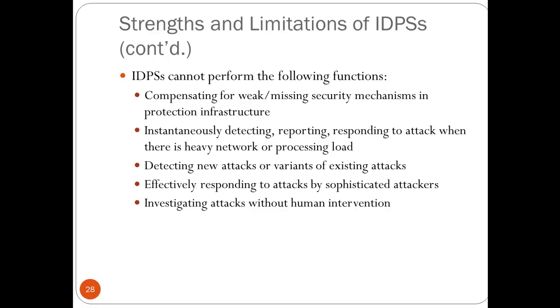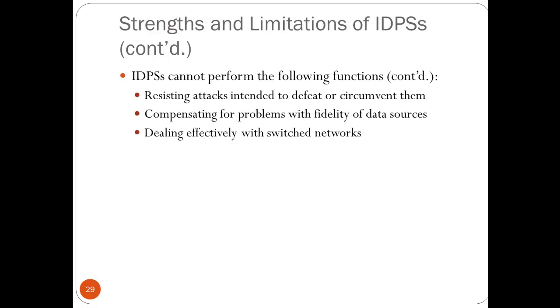If the attacker is sophisticated, they're going to have a hard time effectively responding to attacks, and then they cannot do any investigation without human intervention. So this is not the end-all, be-all. They also have trouble resisting attacks intended to defeat or circumvent them. They have trouble compensating for problems with fidelity of data sources, and then dealing effectively with switched networks as a whole.